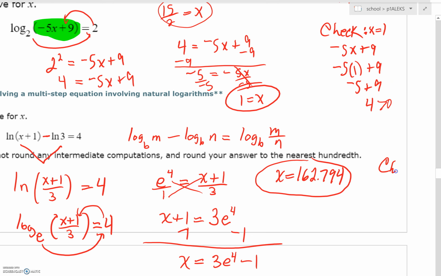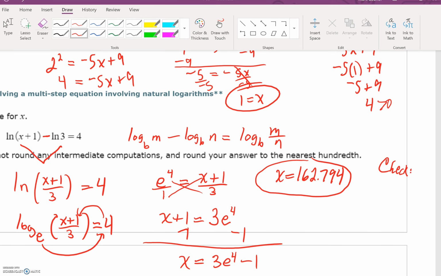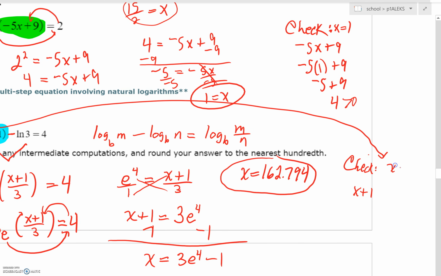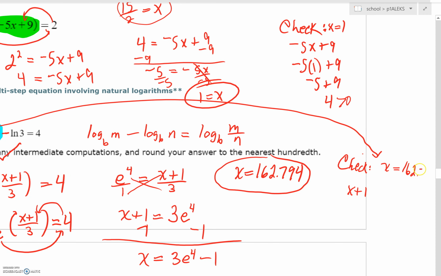Now, if there is an answer, that's going to be the answer here, but we really need to do a check. And guys, the check is actually going to be pretty easy. Go back to the original, which is natural log of x plus 1 minus natural log of 3. And you see what we're going to do is take a look at what's happening with x plus 1 if x was equal to 162.794.